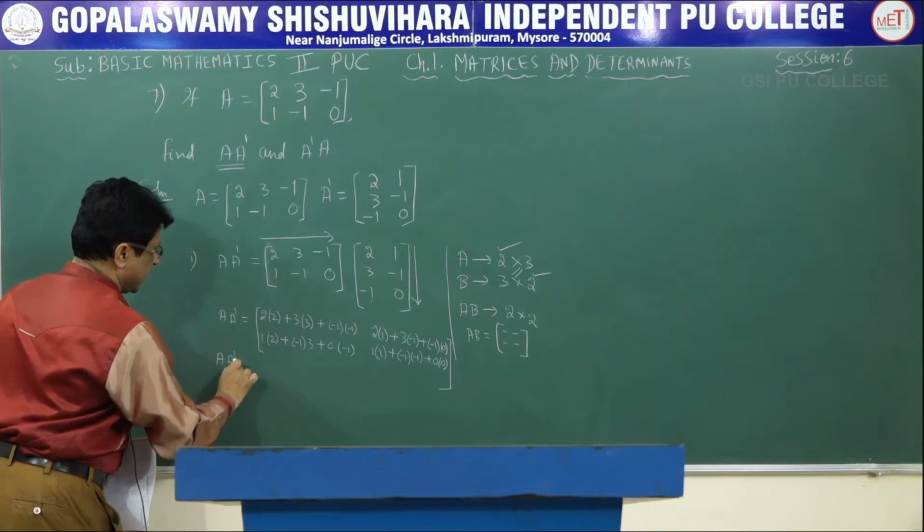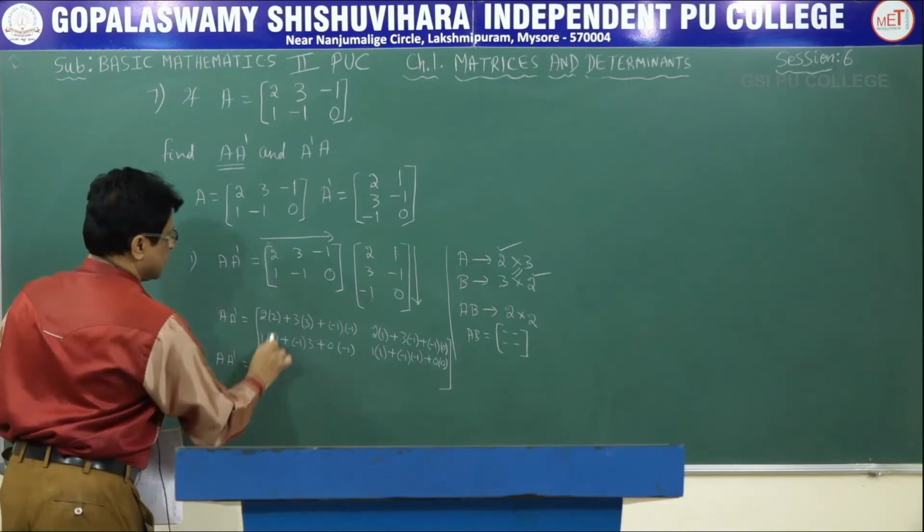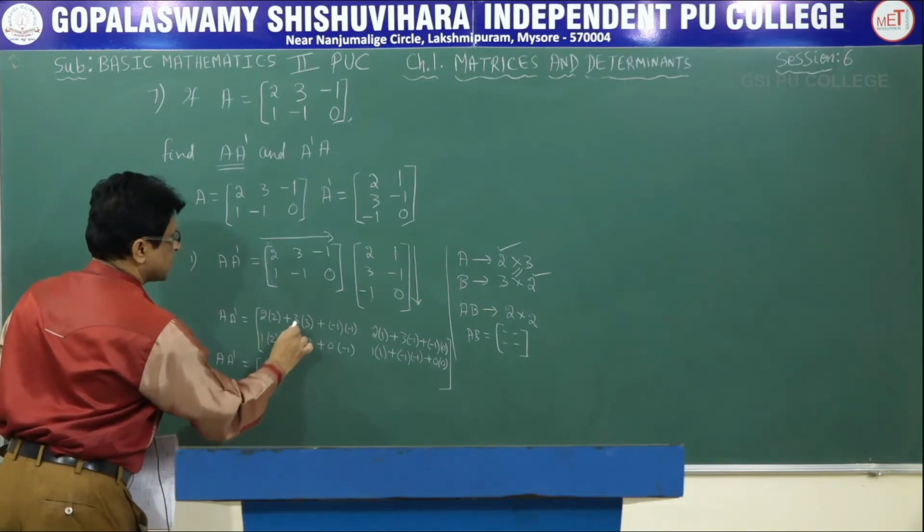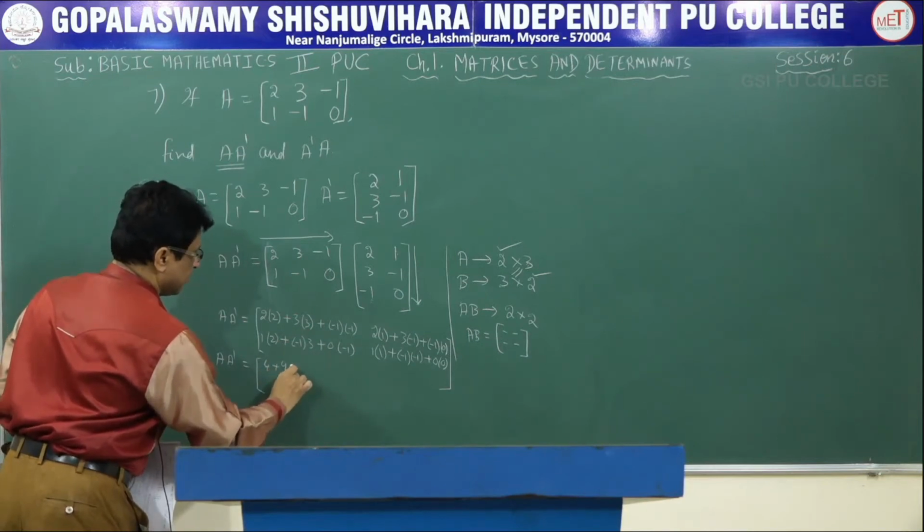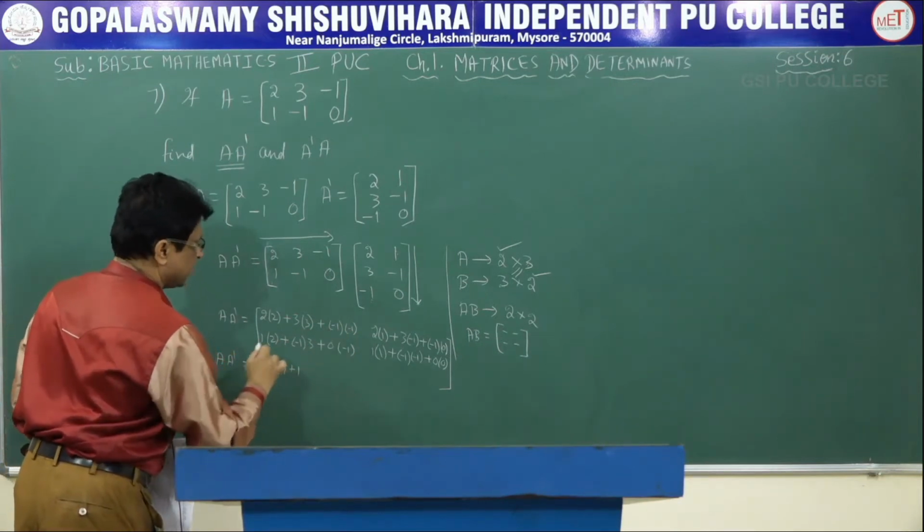So A into A dash will be equal to: 2 2s are 4 plus 3 3s are 9 plus minus 1 into minus 1, plus 1.